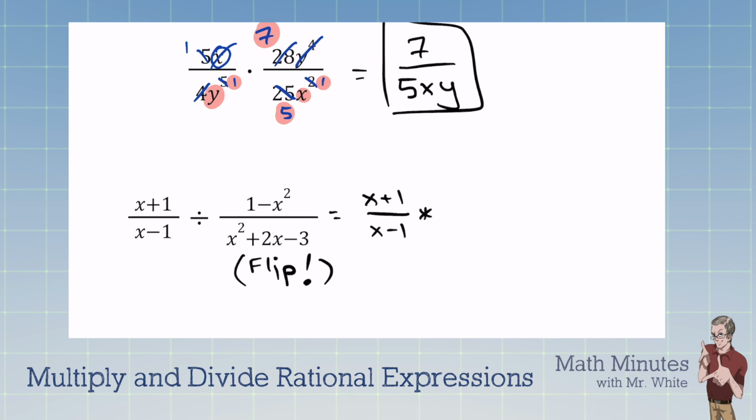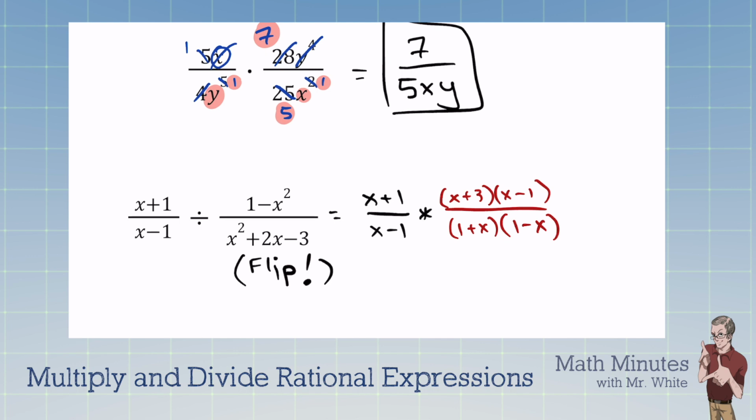Today I have not said anything about cross multiplying, so please don't use that term cross multiplying. We're flipping over the second one. We're finding the reciprocal. The second one would be x plus 3 and x minus 1 all over 1 minus x squared, which is 1 plus x and 1 minus x.